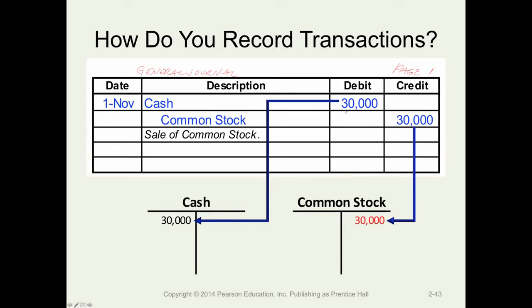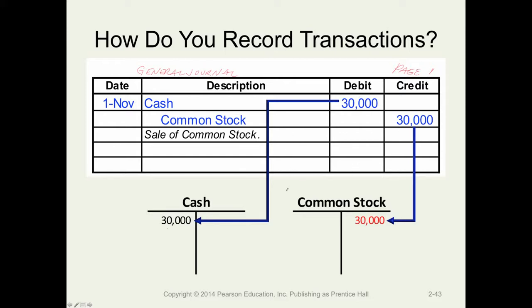After we journalize, now we post it. Posting it means we take the dollar amount of the debits and move it to the appropriate accounts. Since we debited cash, we moved $30,000 to the cash account on the debit side. Since we increased common stock in stockholders' equity, we move this to the credit side of the common stock account.